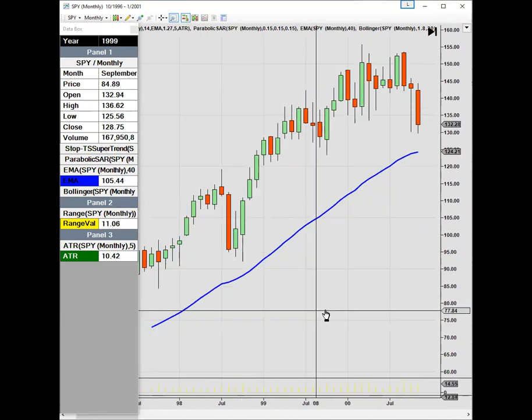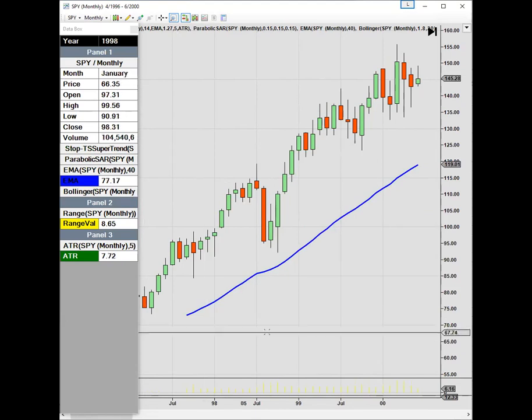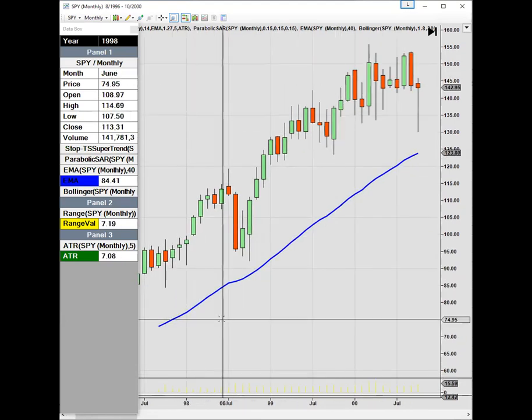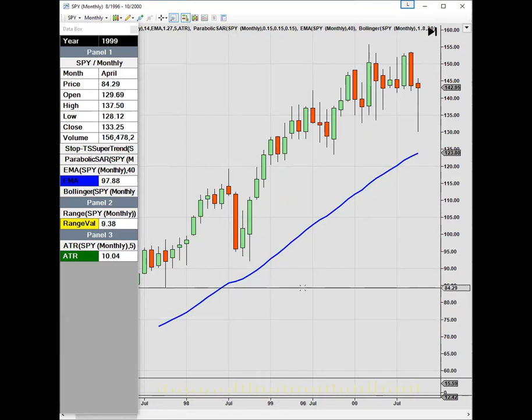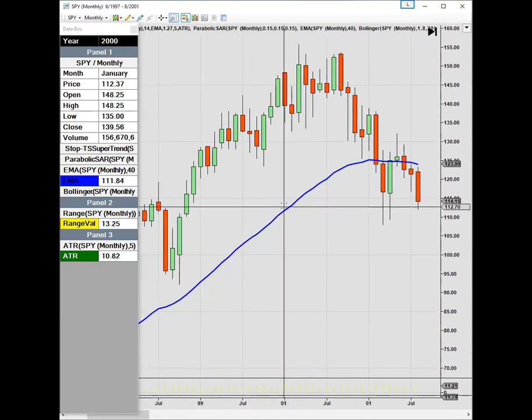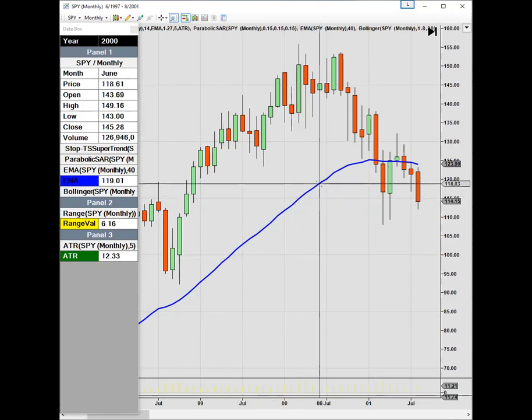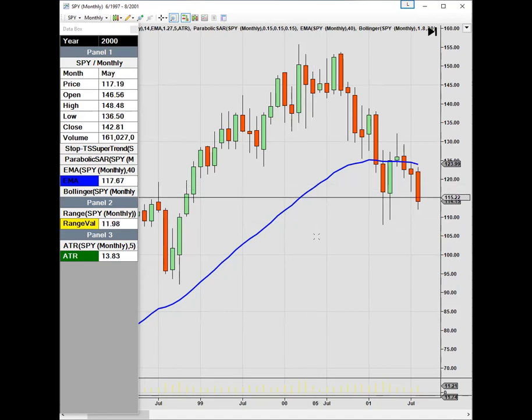All right, so what we're looking at here is a chart of the S&P 500 going back to 1998. The blue line is a monthly 40-period moving average. You're going to see a 40-period moving average, whether it's daily or monthly or weekly, on just about every chart we use.